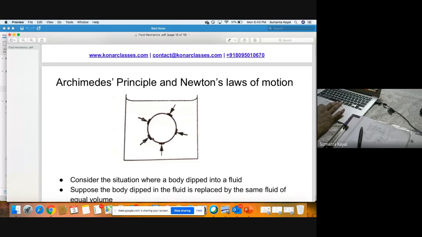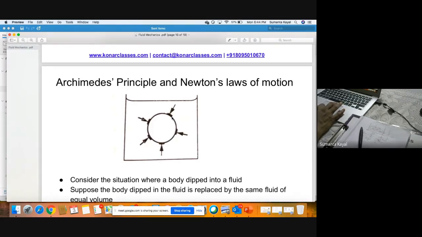Means, I am putting a ball inside the liquid. This is a very simple diagram, and a lot of examples are there. The same amount of fluid will be displaced. Just try to understand this. This is a ball. If I dip that ball into the water, an amount of water will be displaced by the ball because of its volume, because it will occupy some space inside that liquid.